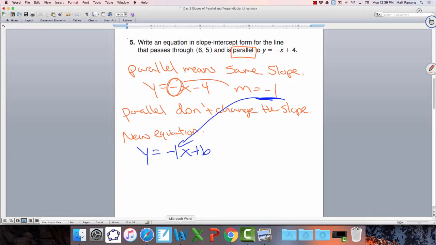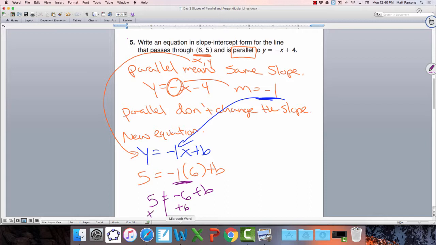Now I'm going to take each one of these, x comma y, and plug that in here. Okay? So it's going to turn out to be 5 equals negative 1 times 6 plus b. Now I multiply negative 1 times 6, and I'm going to add 6 on both sides.